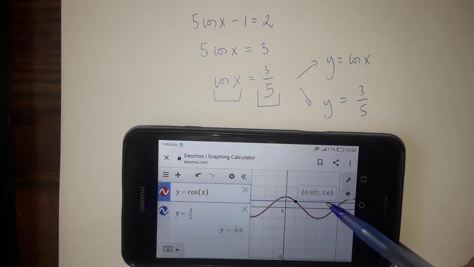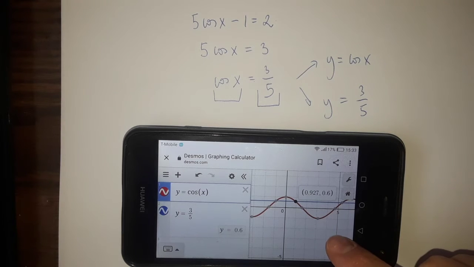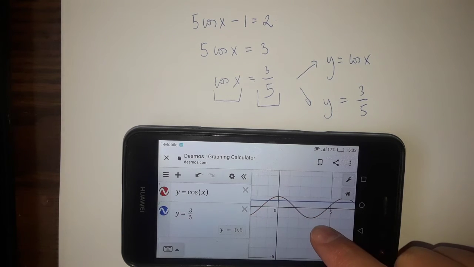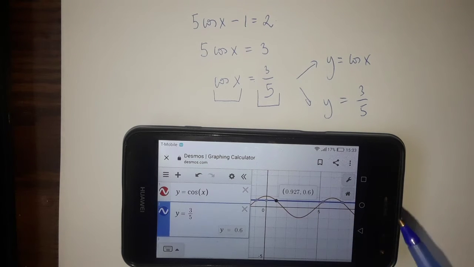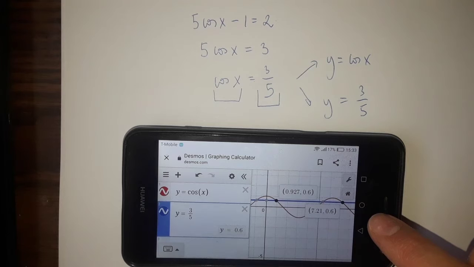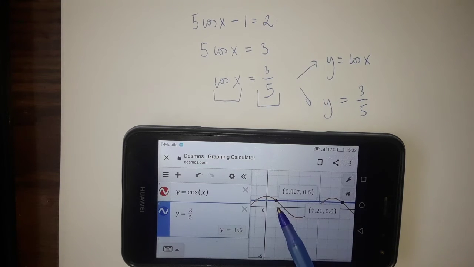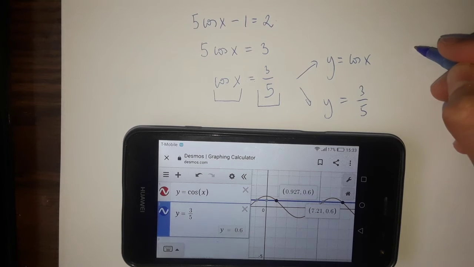And the next one is 0.93. Okay, and then the next one it's after 2 pi. So 2 pi more or less is 6.28, I believe, right?